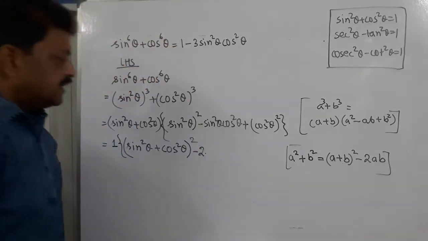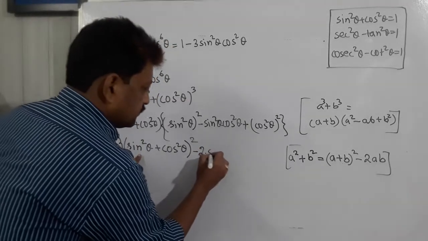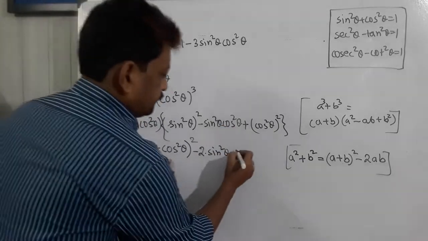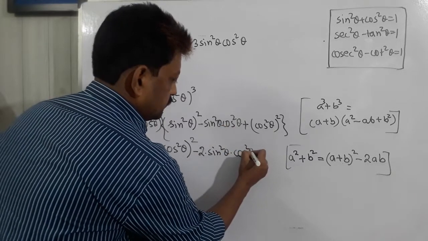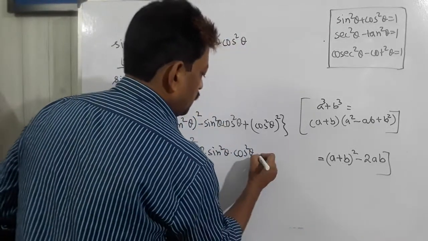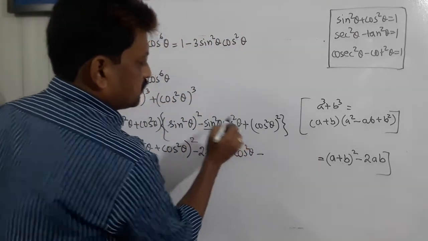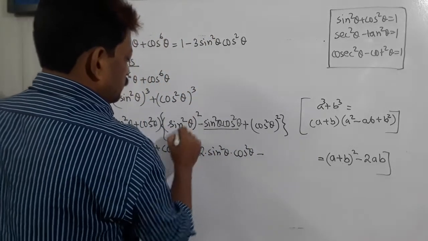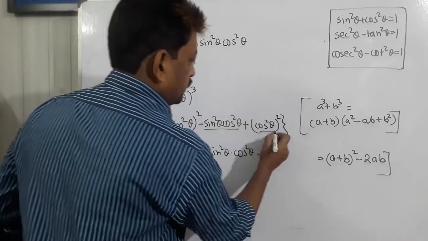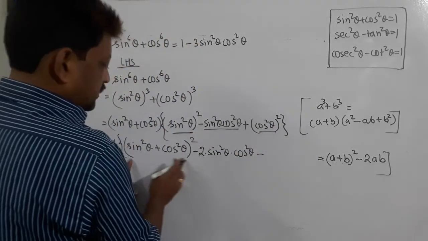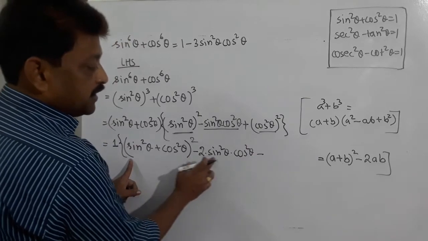Minus 2, what is a? A is sine square, b is cos square, and minus sine square theta cos square theta is also there. I have used only these two terms, that is a square plus b square is written in the form of a plus b whole square minus 2ab.